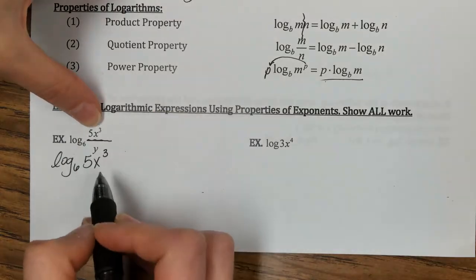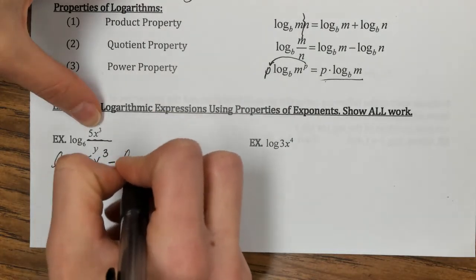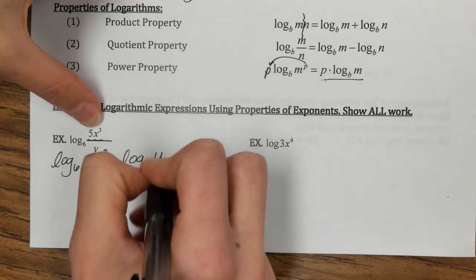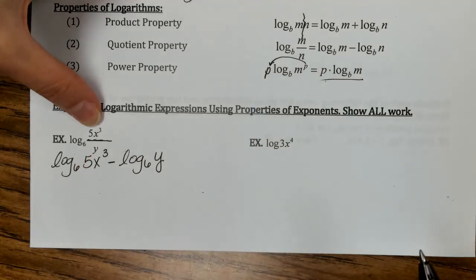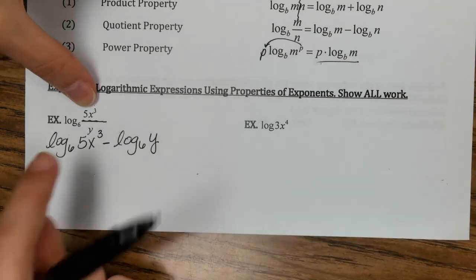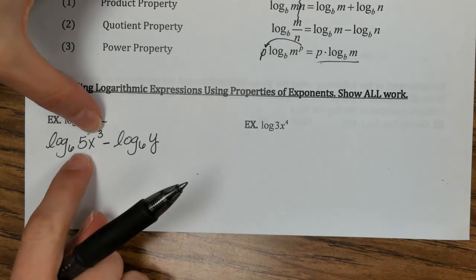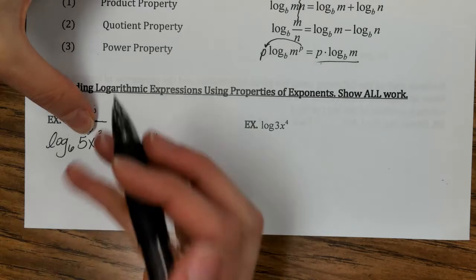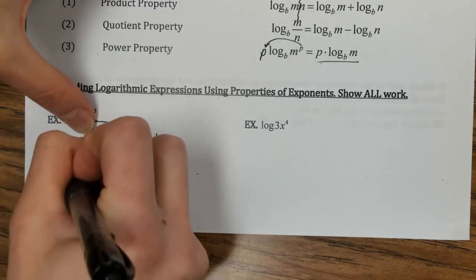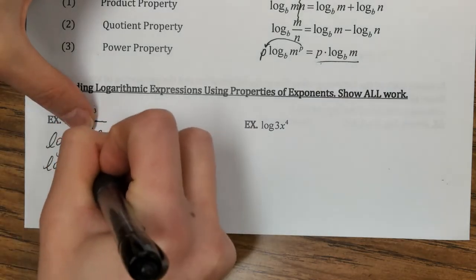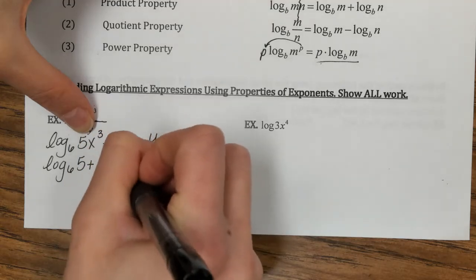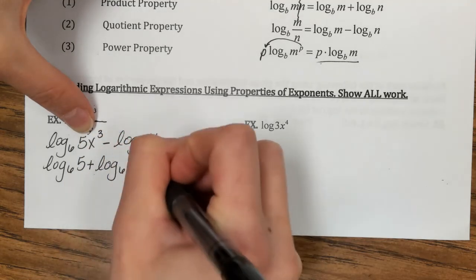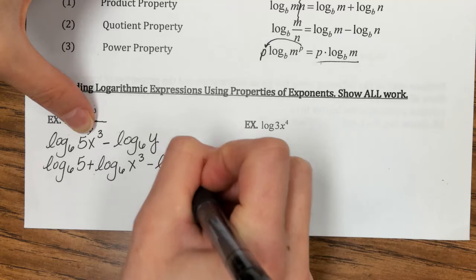Now I'm dividing, so I'm going to have a minus log base 6 of y. Okay, now I need to separate my 5 and my x cubed. So I'm multiplying 5x cubed, so I'm going to have a plus in between there. So I'm going to have log base 6 of 5 plus log base 6 of x cubed minus my log base 6 of y.